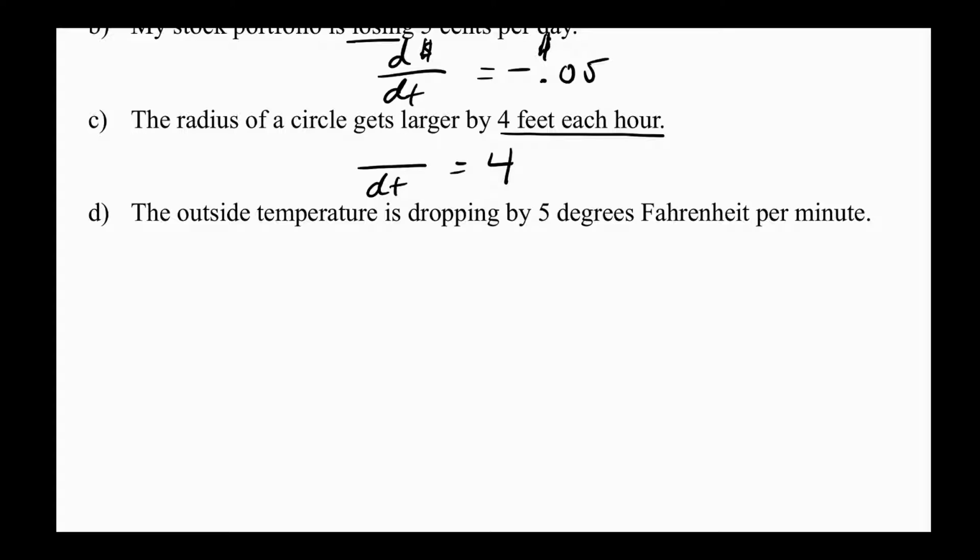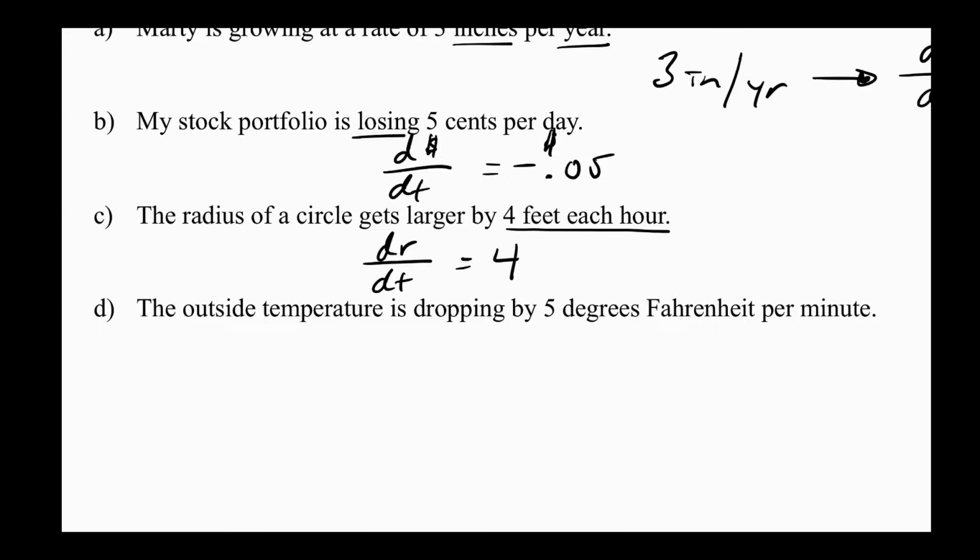Not feet. That's how we're measuring it. So it would be dr, right? Wait, change this one too. This one should be d portfolio, dp dt. It shouldn't be cents, because that's already represented on the other side.